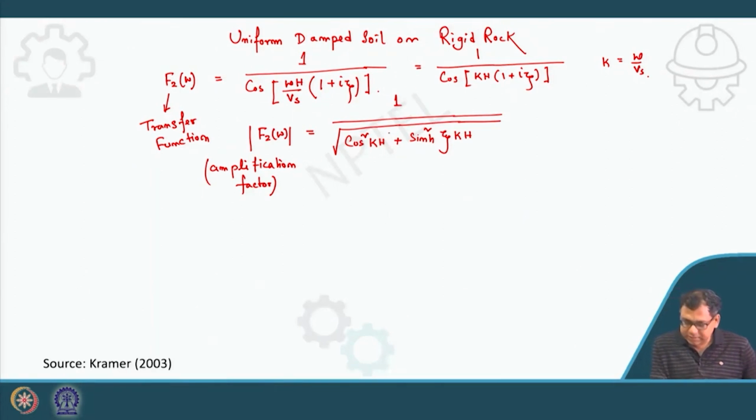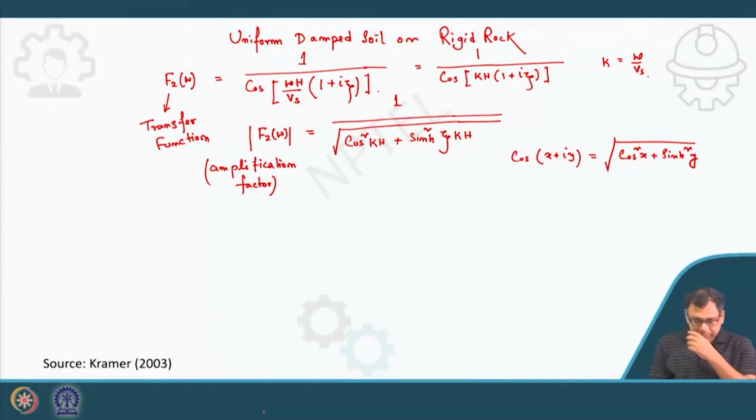Now, how are you getting this equation? Because cos of (x plus i y) is actually root over cos square x plus sinh square y. Okay.